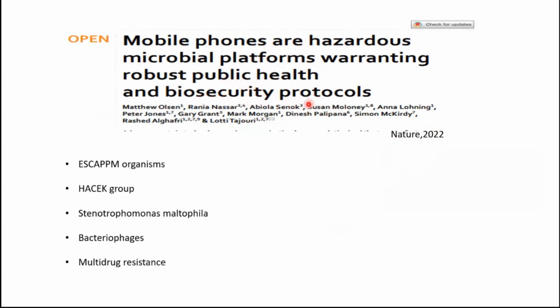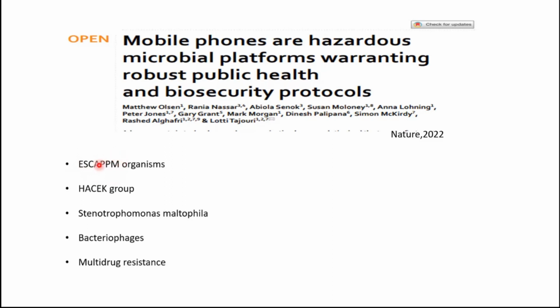So in this article, they have shown that apart from CoNS, smartphone surfaces act as reservoir for various gram-negative organisms, specifically the ESCPM group, that is an acronym for Enterobacter, Serratia, Citrobacter freundii, Aeromonas, and the Proteus group, that are Proteus, Providencia, and Morganella.